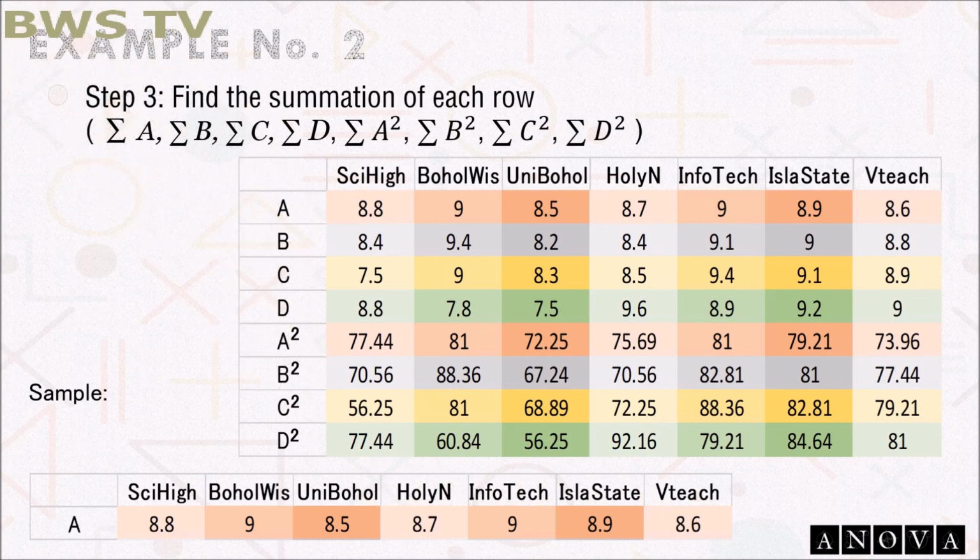Next, step 3, we have to find the summation of each row. So here's an example for the first row, A. You have to sum up all the numbers.